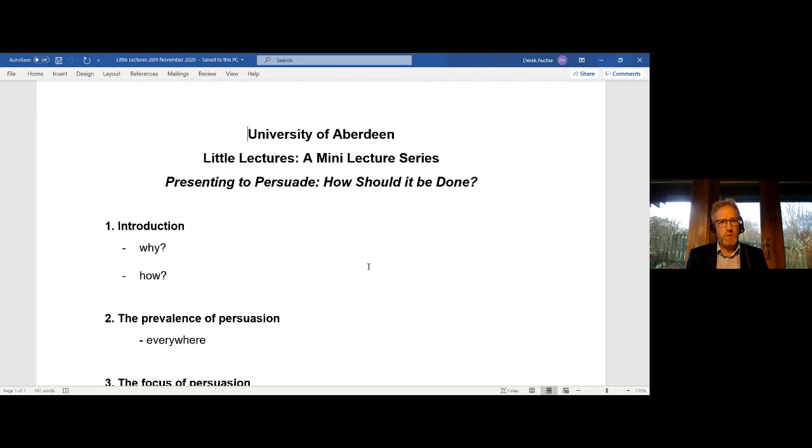On the domestic front, when you're trying to persuade a partner, a spouse, a friend, a neighbour, whatever, to do something, it could be about where you're going to go on holiday that year, or whether you're allowed to buy a particular car or some jewellery, or talking to a neighbour about the place where your fence should go, or splitting the cost of common repairs, or whatever it happens to be, you are presenting to persuade.